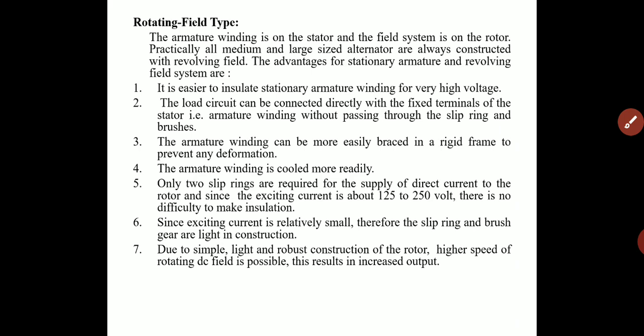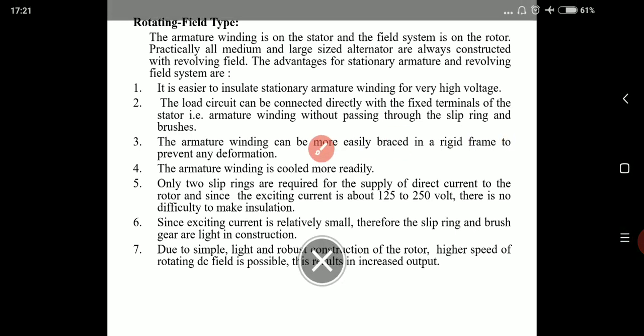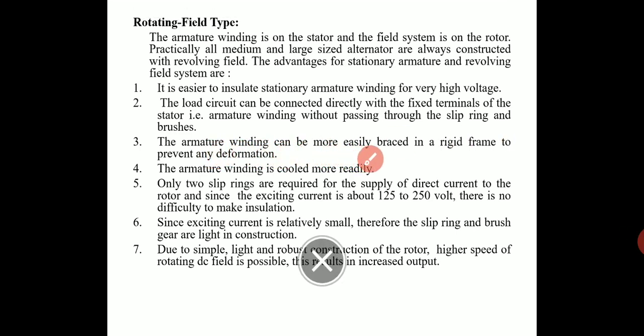We connect the output terminals directly from the armature winding without using slip rings and brushes. So the cost also decreases.